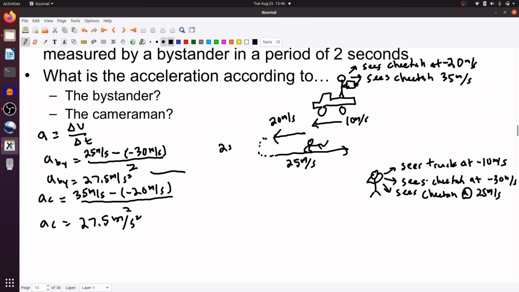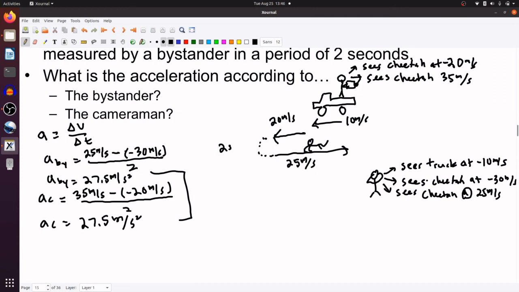This has pretty interesting implications. While the cameraman and the bystander saw different velocities of the cheetah at different points in time, they saw the same acceleration of the cheetah. So while people see different velocities depending on their reference frame, everybody sees the same acceleration no matter what reference frame you're in.